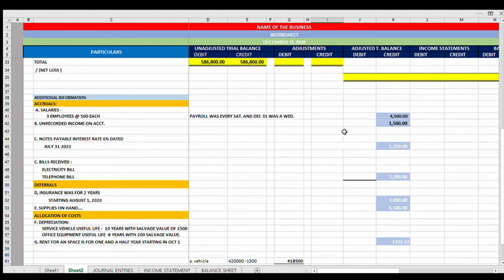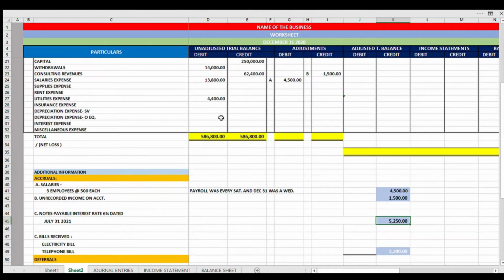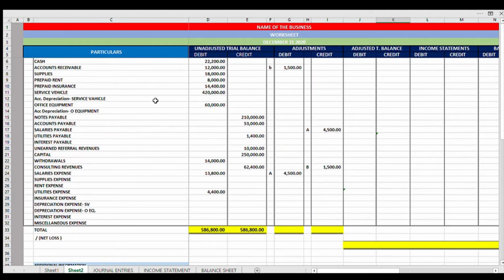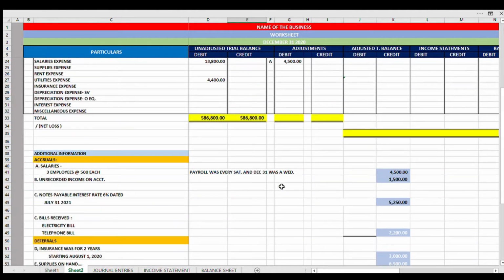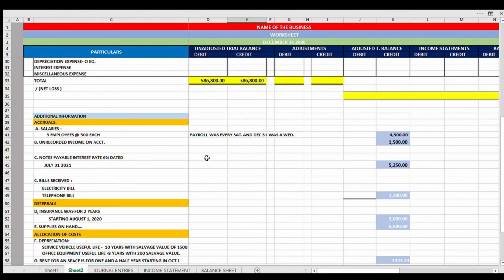So, based sa ating computation, it turned out to be 5,250. Okay, I will explain how did it come to be 5,250, no? Since the amount of the notes payable is 210,000, so the principal is 210,000.